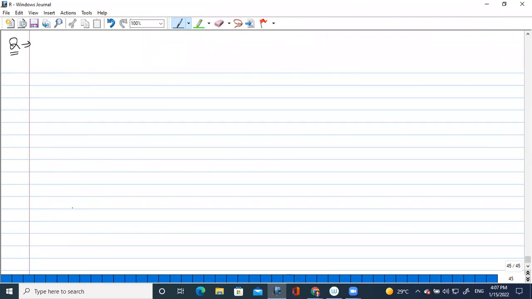Okay, one more question is given. For an insulated bar, so this is the bar given.